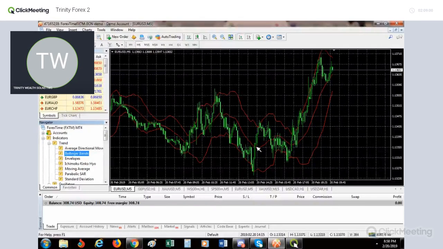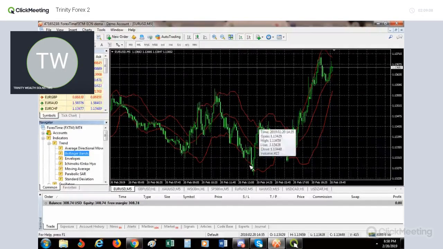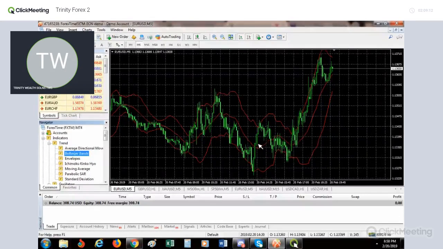But if a candle breaks through and closes, not just a wick, but the candle closes above the middle band, it means the market has broken out and is likely to go up until it touches the upper band. So if you're holding a buy position and it closes above the middle band, you can continue holding your position because it tells you the market is likely to continue going up.